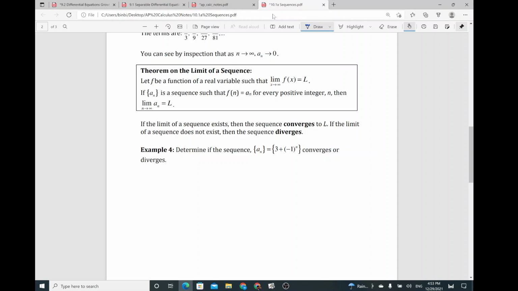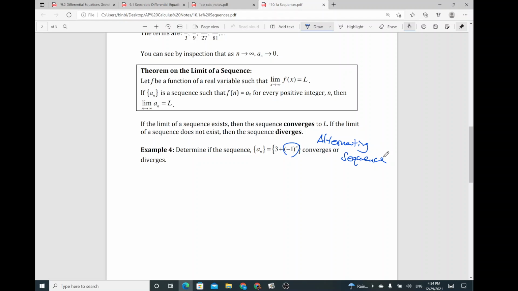So check out some of the examples here. a sub n is 3 plus negative 1 to the power of n. Anytime you see something like negative 1 to the power of n, it's called an alternating sequence.